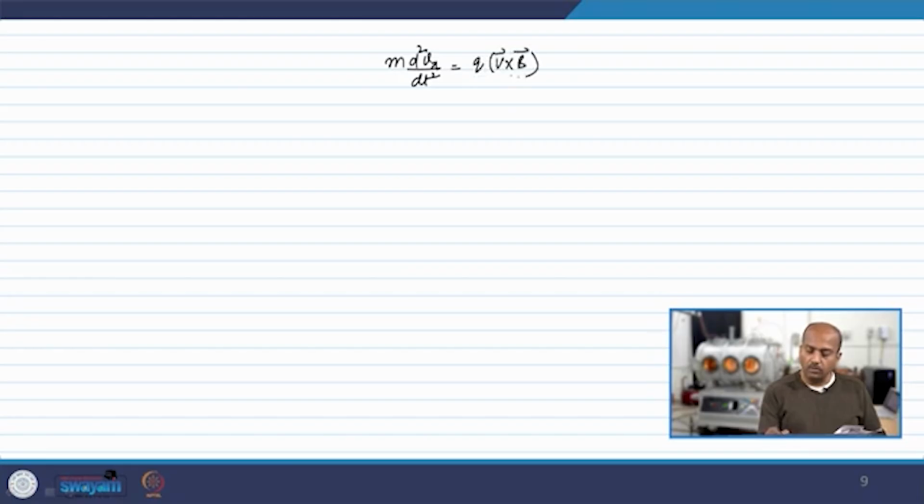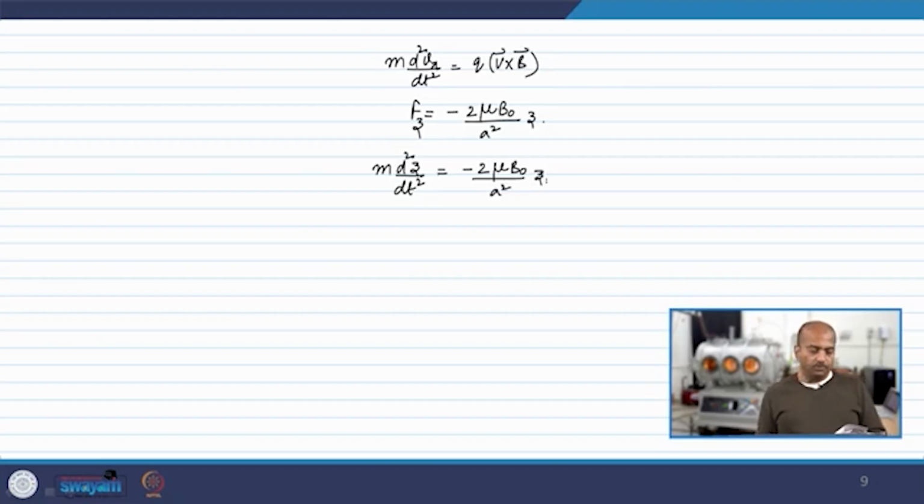So this is F z is minus 2 mu B naught by A square times z. So m d square z by dt square is minus 2 mu B naught by A square times z, right.